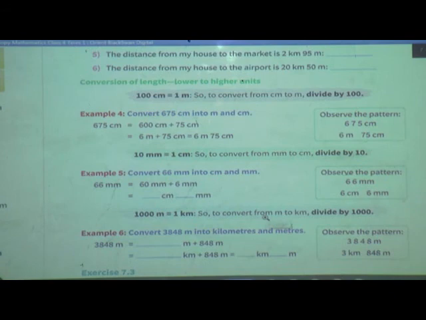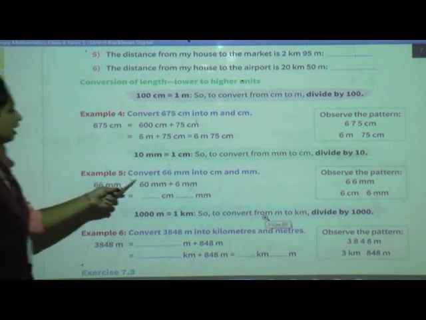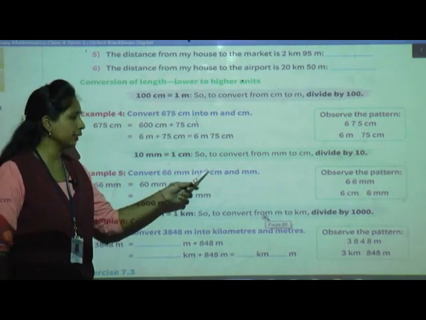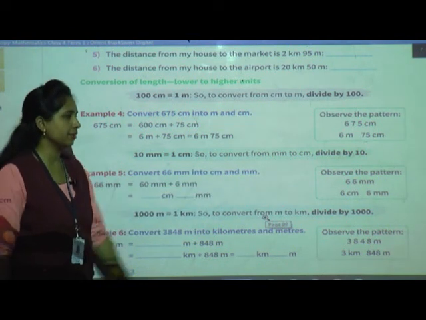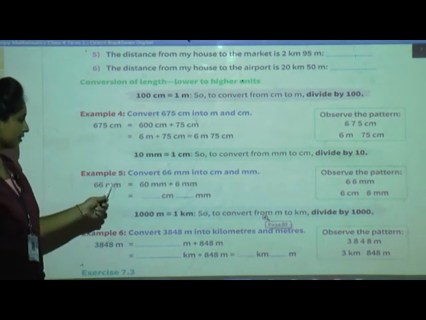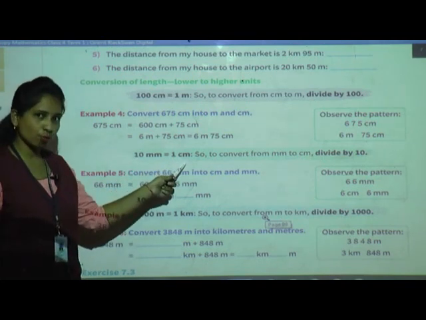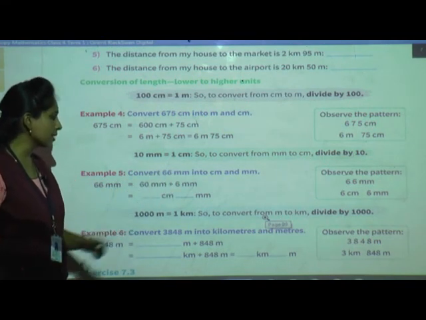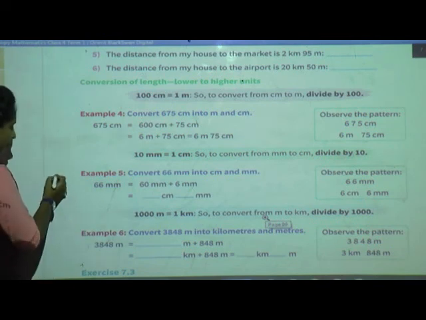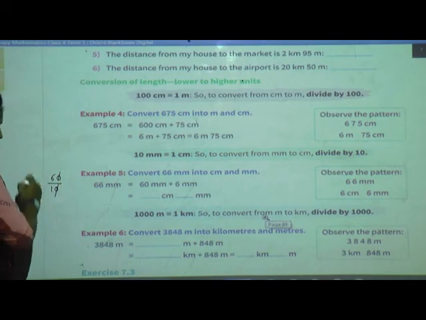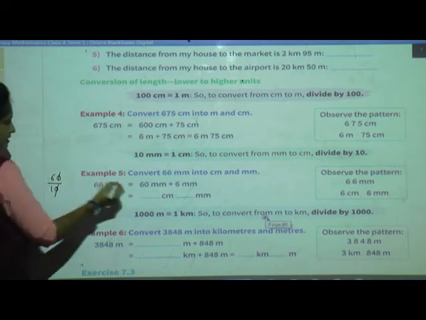See the example. Convert 66 mm into centimeter and millimeter. Now 10 millimeter means 1 centimeter. So 60 means how many? So what we have to do? We have to divide by 10. So cut the zero, here 1 has no value, 6 is remaining.